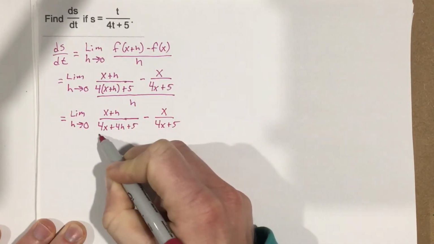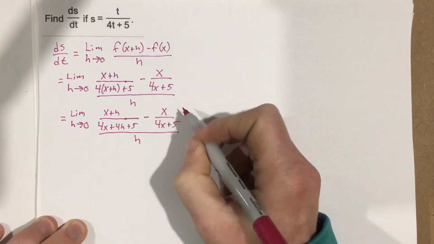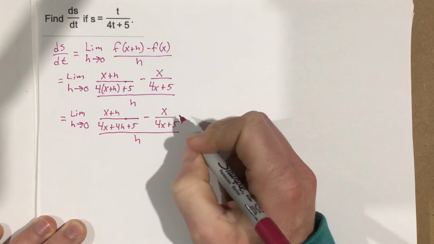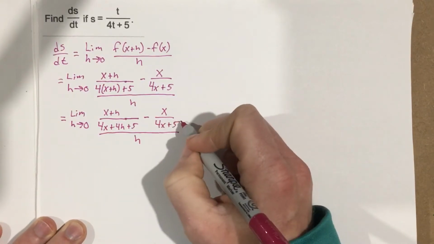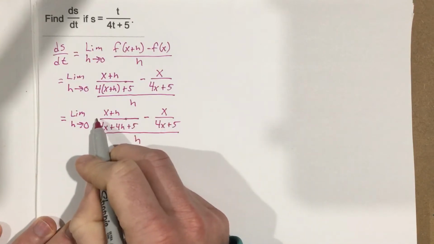Now I want to combine these fractions on top together. So we're going to multiply this side by 4x plus 4h plus 5, and this side by 4x plus 5.